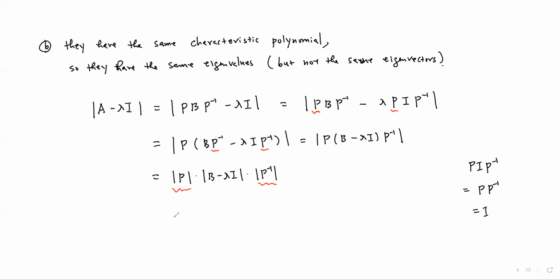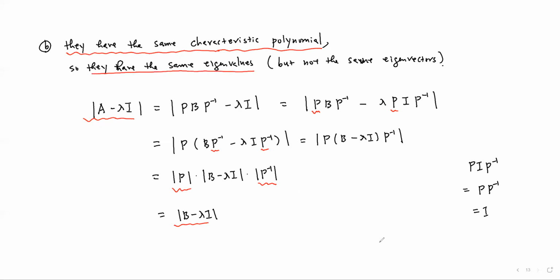So therefore, we have this is the characteristic polynomial of A, and this is the characteristic polynomial of B. They are equal. So therefore, similar matrices have the same characteristic polynomials. Because the roots of characteristic polynomial are eigenvalues, they have the same eigenvalues.